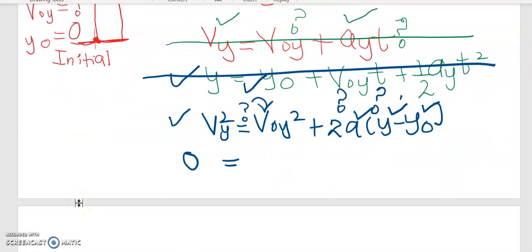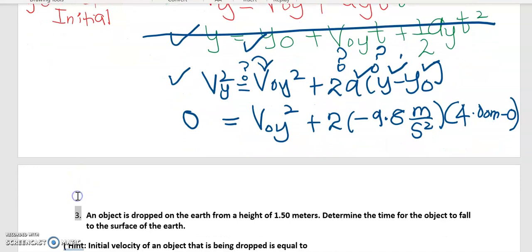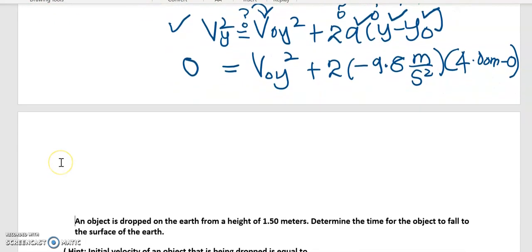Final y velocity is 0, initial y velocity I don't know yet, plus 2 times acceleration negative 9.8 meters per second squared, final y position 4 meters, initial is 0. So now it is for you to solve for it, but I'll do it here. So 0 is equal to v0y squared plus 2 times negative 9.8 times 4.